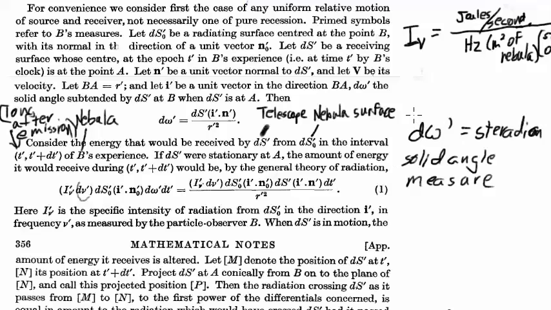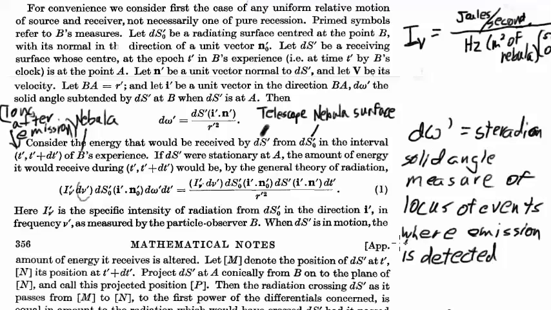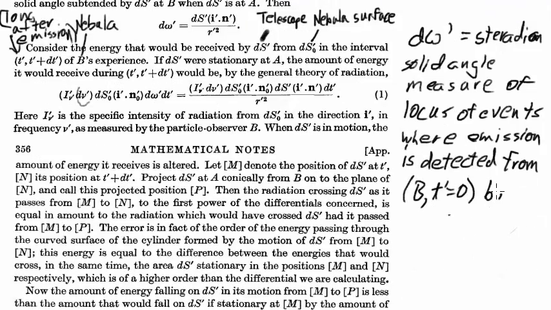All right, now the d omega prime. The d omega prime is the steradian solid angle measure of the locus of events where the emission is detected from the event at the center of the nebula surface at time t prime equals 0 by the telescope aperture.